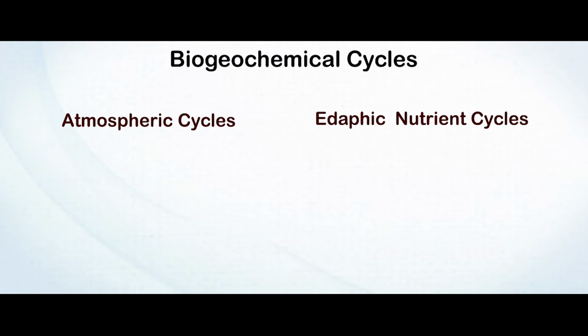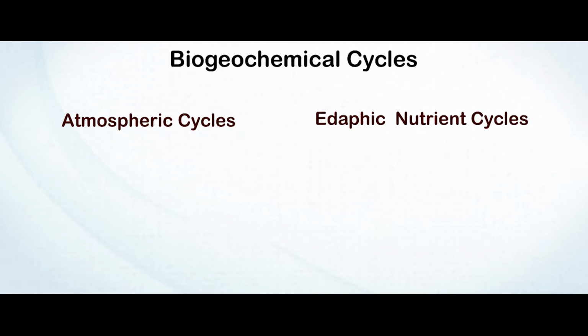Under the atmospheric cycle, we will be looking at the nutrients and the elements cycled through the atmosphere. And under the edaphic nutrient cycle, we will be learning how the nutrients are mainly cycled through the soil in the form of different compounds.